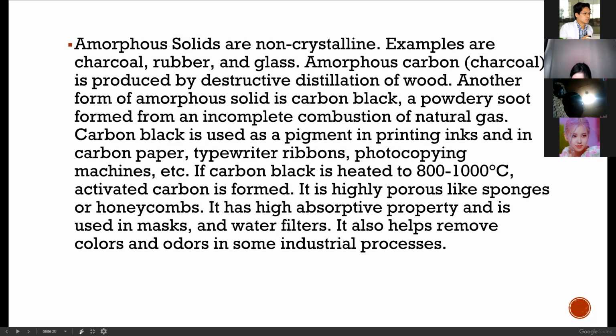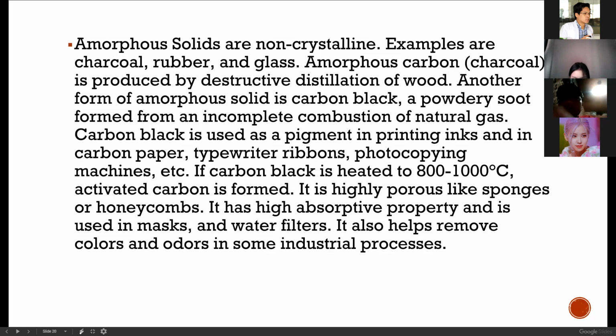And if carbon black is heated from 800 to 1000 degrees Celsius, this carbon black will be transformed into activated carbon. And activated carbon has a lot of purposes, even in health. Activated carbon absorbs odors, bad odors.